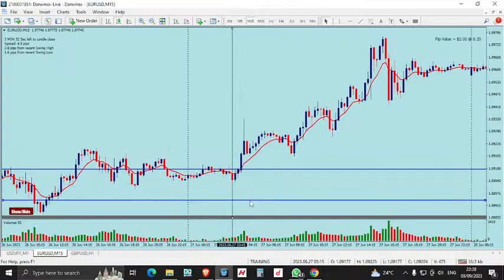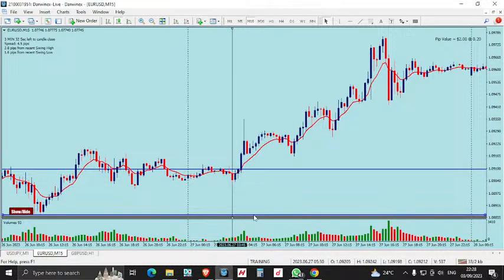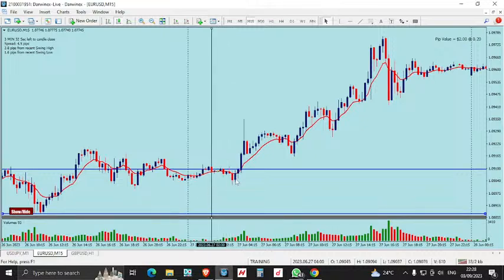They will like to draw it up to this place. Then let us check how many. We enter the market at 1.0909, and the stop loss is somewhere here, at 1.0887.